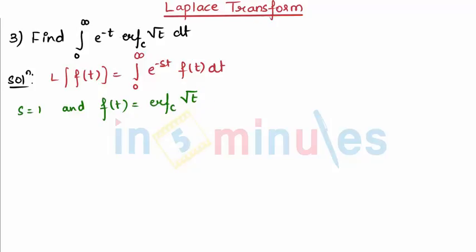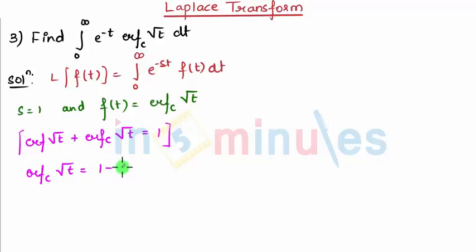Now how to exactly solve ERF c root t? I'll just mention one formula which you need to remember it very well. Now ERF of root t plus ERF c of root t is equal to 1. You need to remember this formula. We can't find directly Laplace of ERF c root t. So first we need to get ERF c root t as 1 minus ERF of root t.